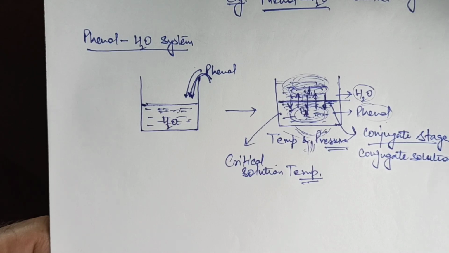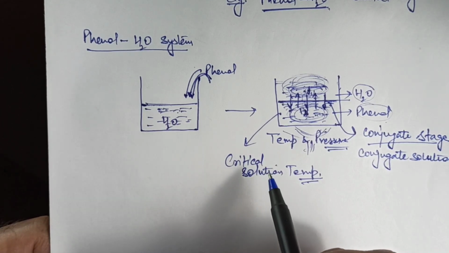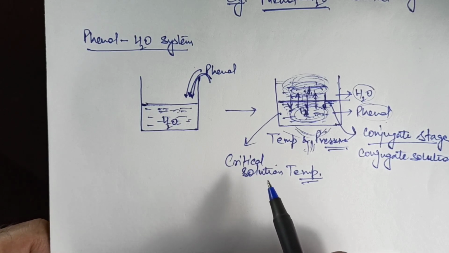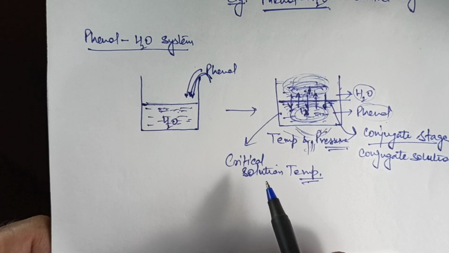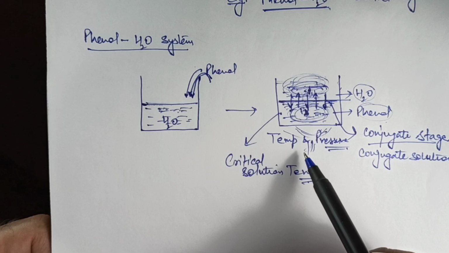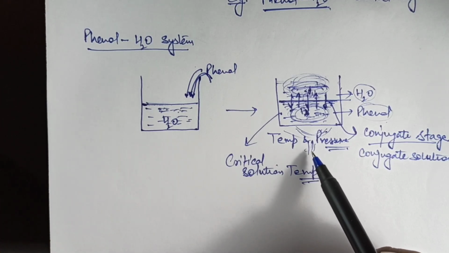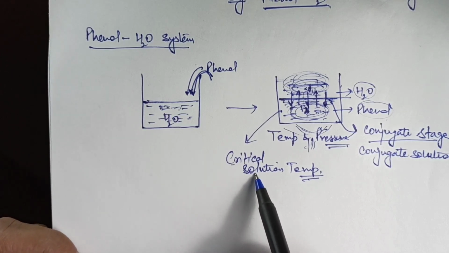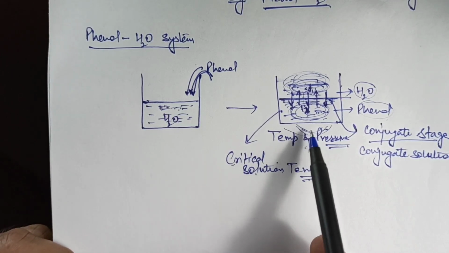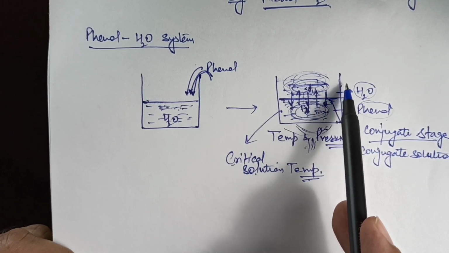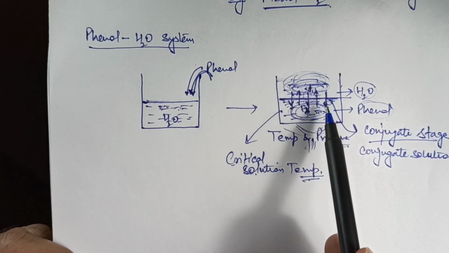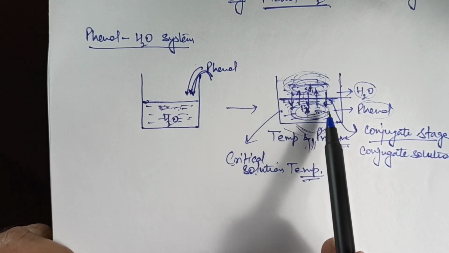Okay, and depending upon the nature of the liquids, the two liquid layers become completely miscible with each other. The critical solution temperature is the temperature at which the partially miscible liquids become completely miscible in all proportions.